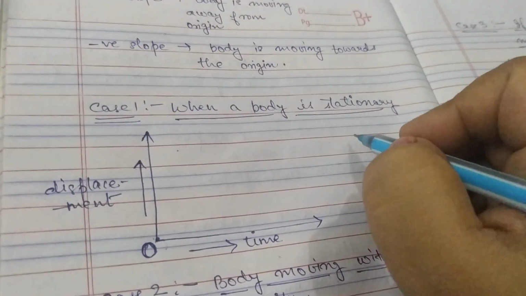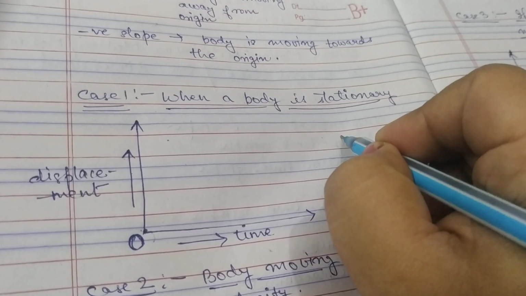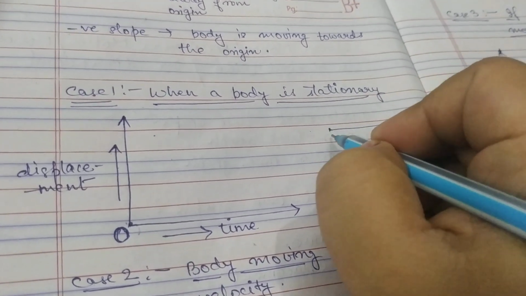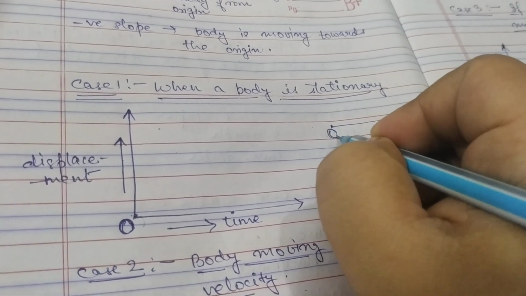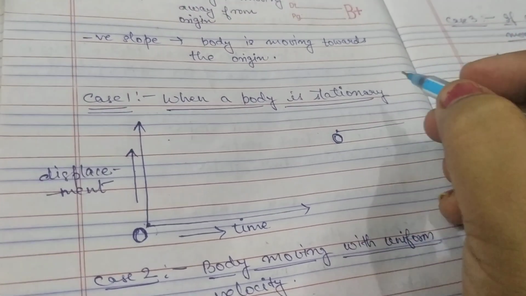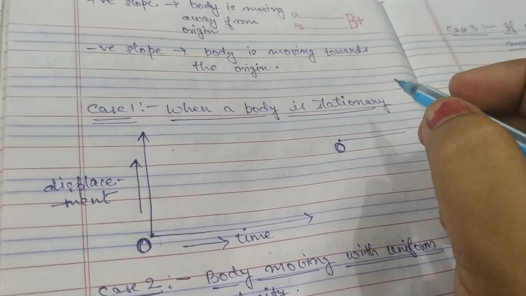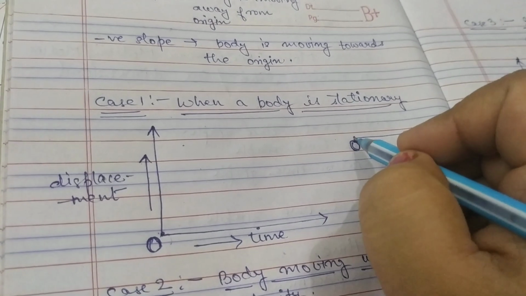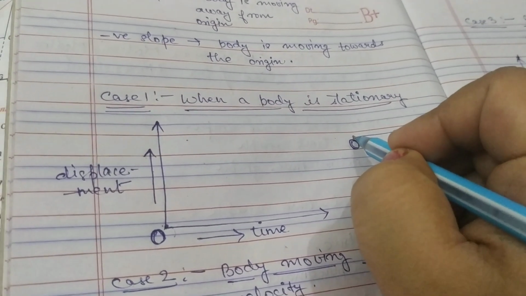So first understand, suppose a body is moving like this. Okay, the point from where it started is known as the origin, right? Or in order to study the motion, we will always take a reference point origin.